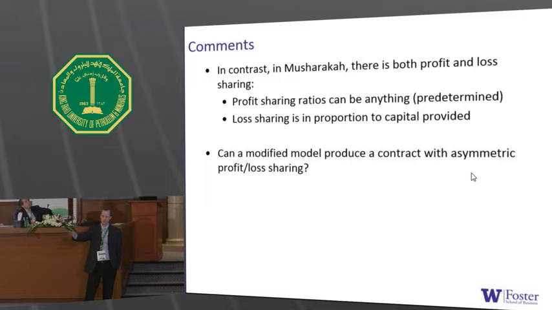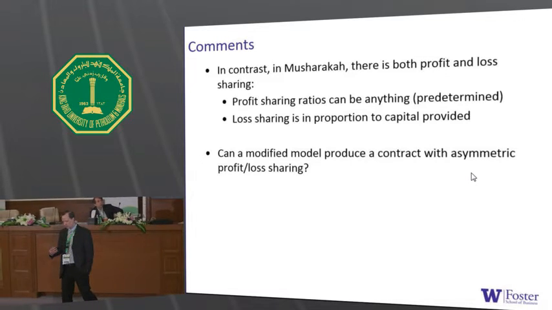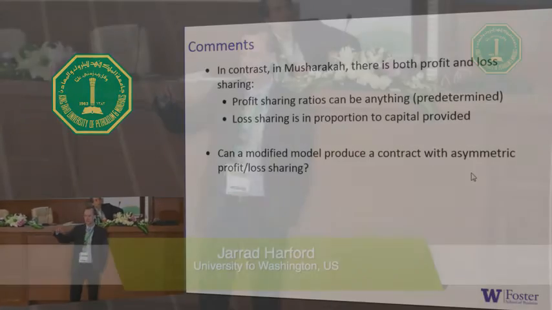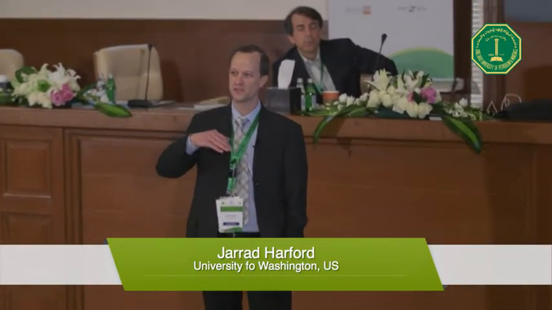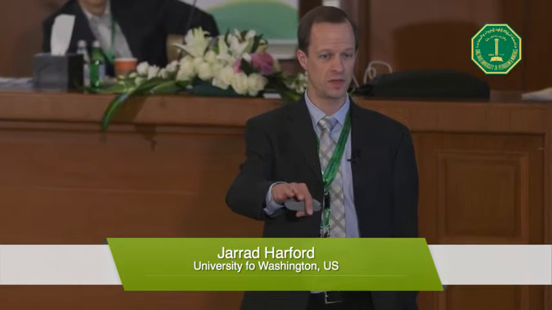And that was what most of the talk was based on, but in my understanding, these don't have to be symmetric, in the sense that the profit sharing rule has to be predetermined, and it can be anything, and that's an important part in his models, that we can agree on any profit sharing rule ahead of time, and it doesn't have to be in proportion, it doesn't have to be based on the precision of our signals or the proportion of how much money we put in, but the loss sharing under Musharaka that I've seen is in proportion to the capital provided.